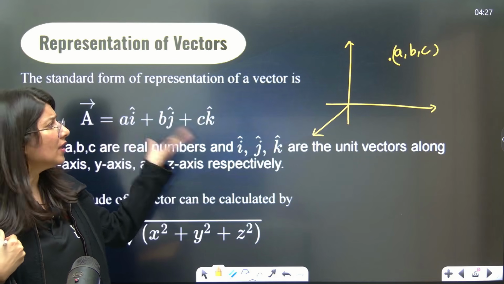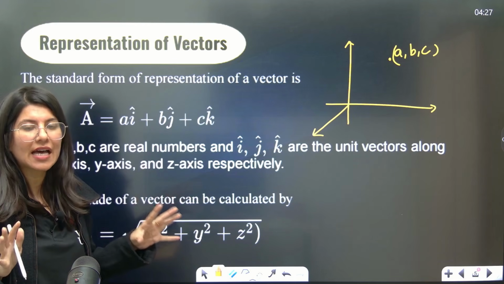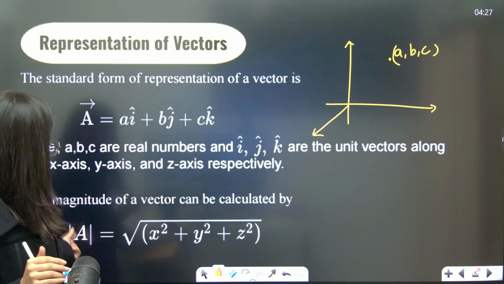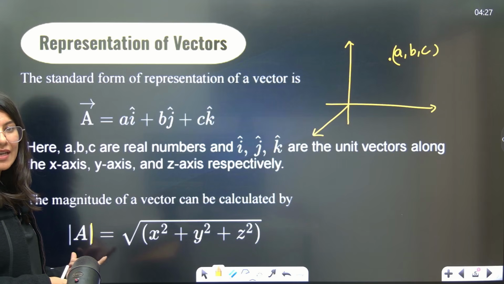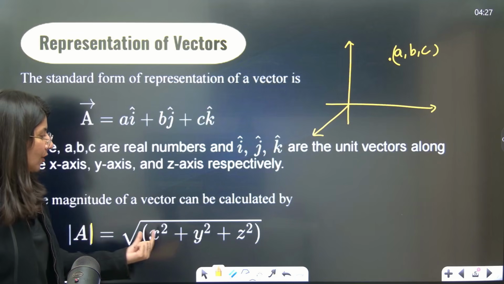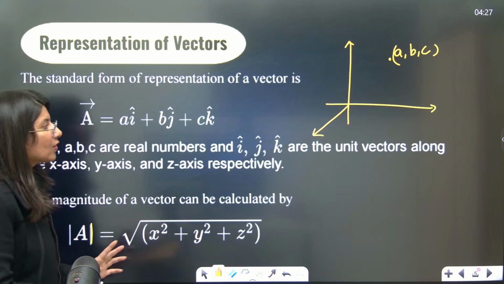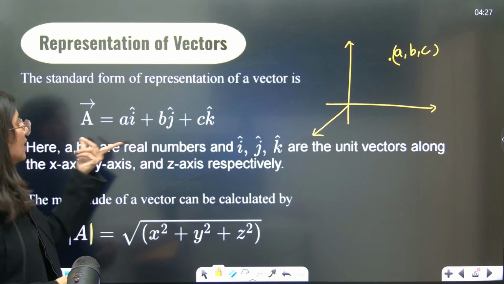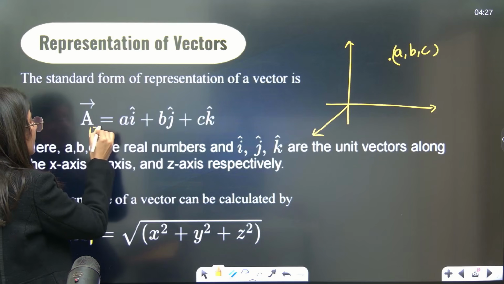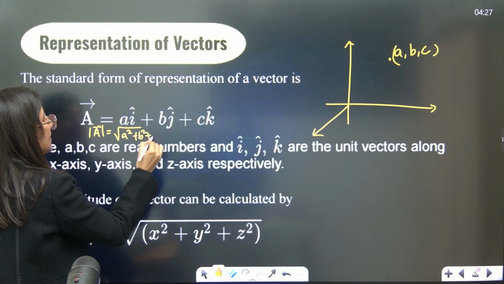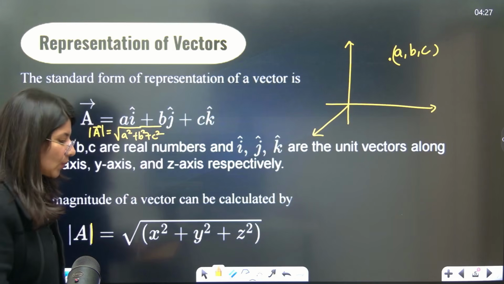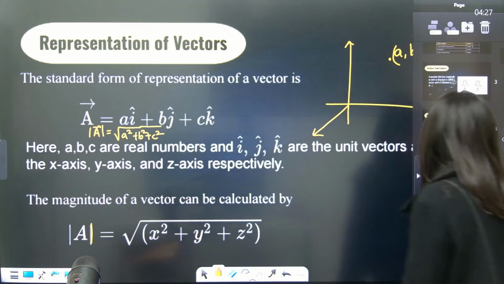And if at all the magnitude of this vector is asked, there is a mod sign, but we do not say that this is a modulus. Rather, we say that this is the magnitude of the vector. That is going to be the square root of x component, y component, z component squared. In this case, the magnitude of the vector, this is how we write, is square root of a square plus b square plus c square. That is, x component square plus y component square plus z component square.